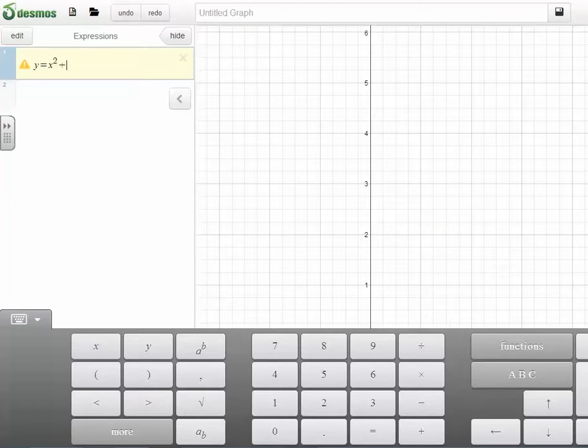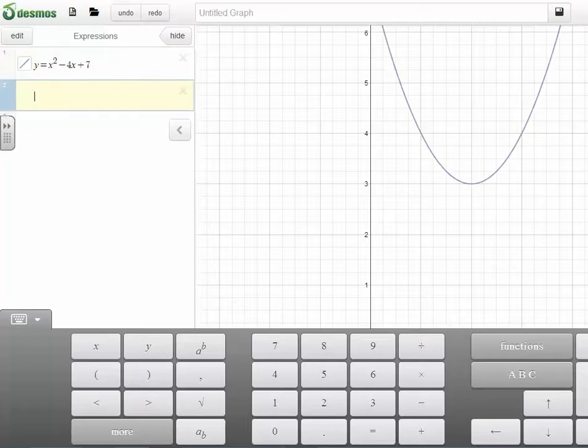That's subtract 4x, and plus 7. And hit enter. Oh, and it comes up here anyway.